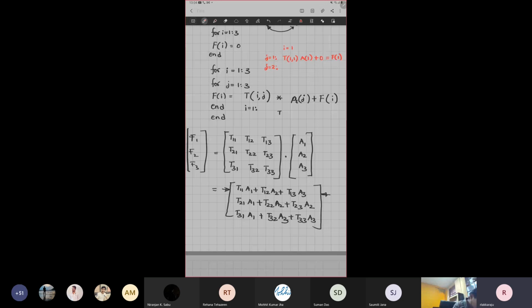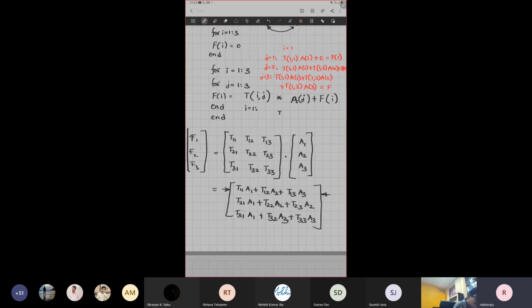That has to be repeated. Now F1 becomes T11 A1 plus T12 A2 is equal to F1 still, because j loop is not finished. When j is equal to 3, you have T11 A1 plus T12 A2 plus T13 A3.